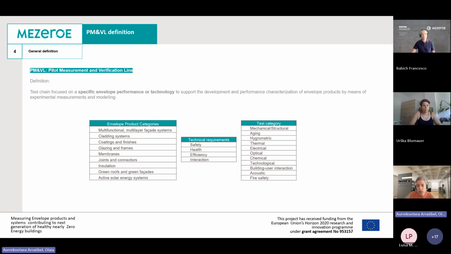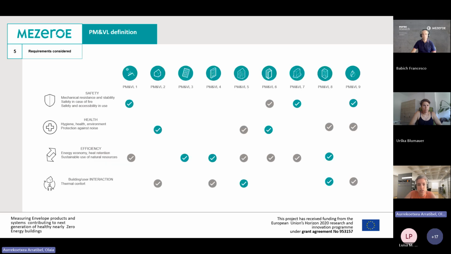And once we defined all these categories, the idea is that in the single entry point that we will present at the end of August, any company that arrives at the marketplace can know which testing activities each laboratory offers.